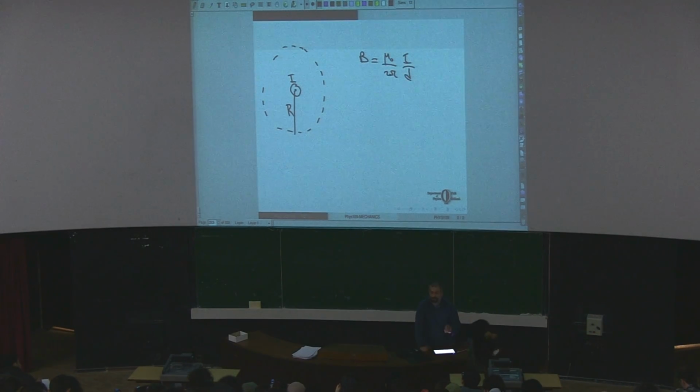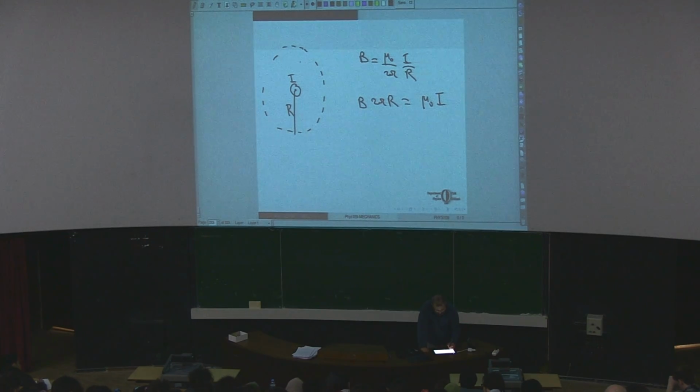It is mu0 I over 2 pi r, the form I over r. Now, what is the circumference of this circle? 2 pi r. So the field times the circumference is equal to mu0 times I.